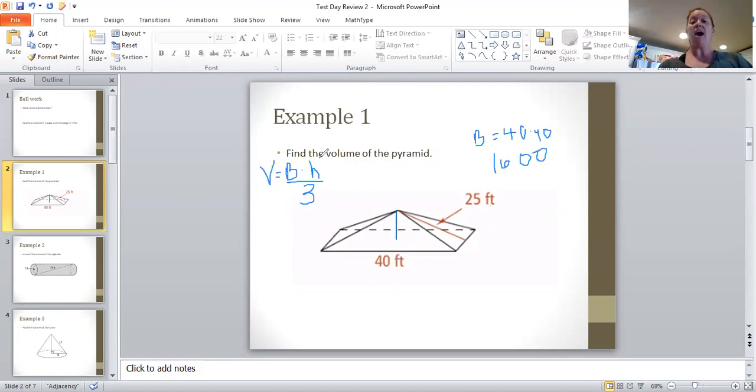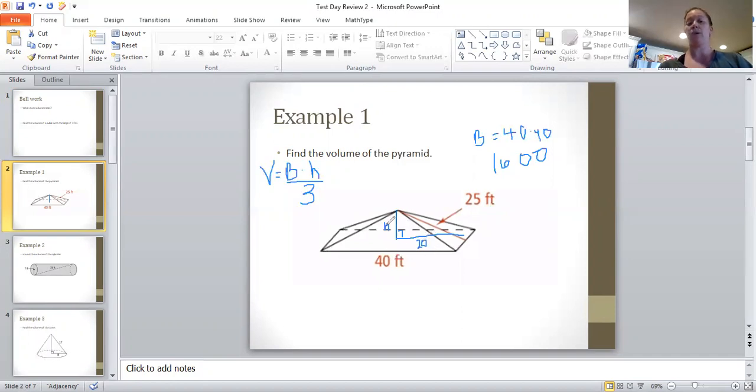And then we have the height, which is going to be this length right here. We don't actually have the height, so we have to find it. In order to do that, we can simply create a right triangle here. We have the hypotenuse of our right triangle, it's 25. And one of the legs of our right triangle is going to be half of the pyramid, right? Because the height cuts it in half. So this is 20. And you can do Pythag, right?